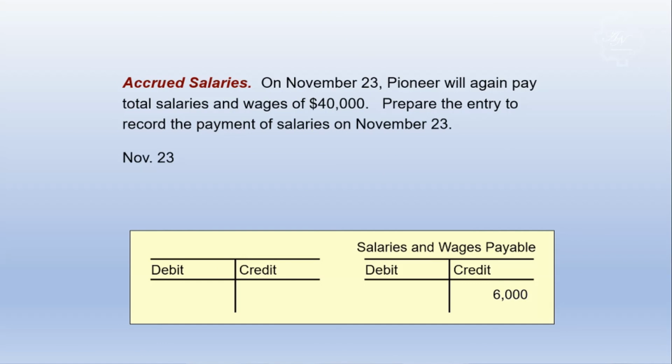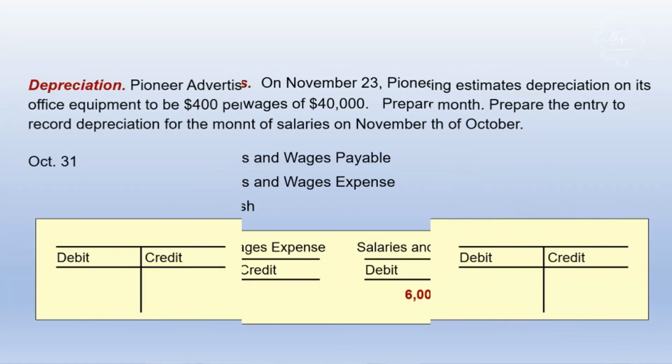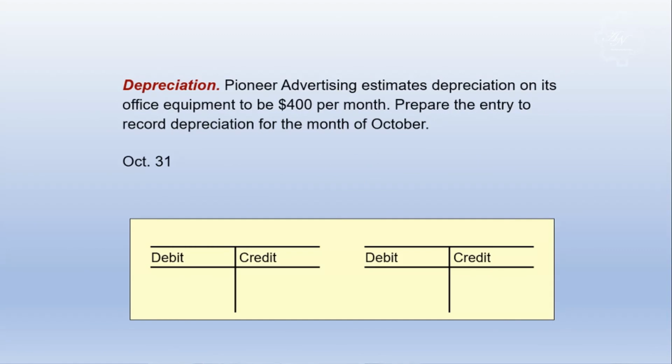And the entry we have: debit salaries and wages payable $6,000, salaries and wages expense $4,000, credit cash $10,000. For estimates, we can see depreciation.